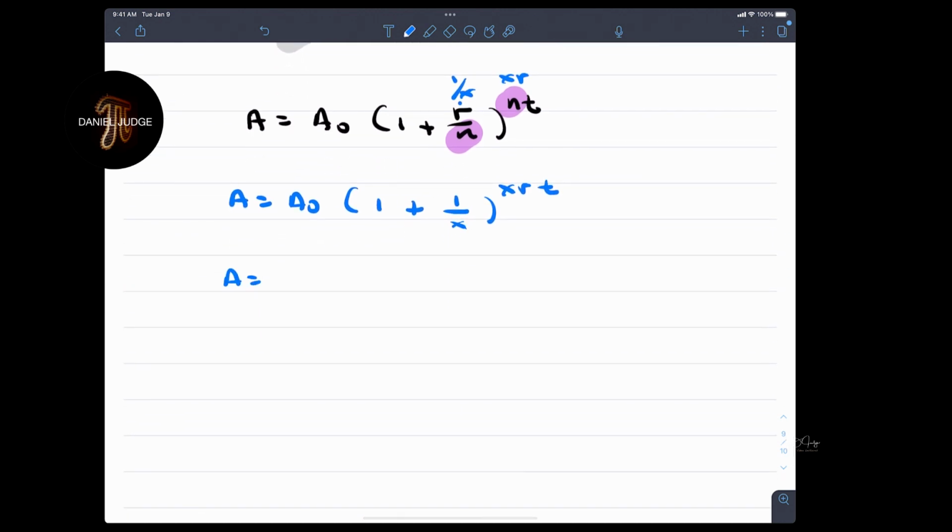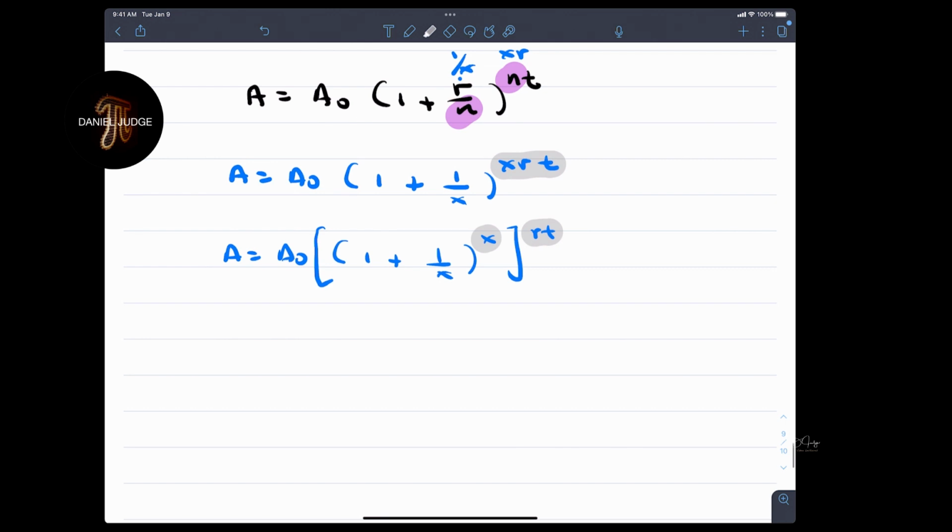So that my amount here, A naught, is 1 plus 1 over X. The properties of exponents, remember what you can do, right? If you have X raised to the RT, that's simply X to the R, to the T. So I'm using some algebra here with this substitution.